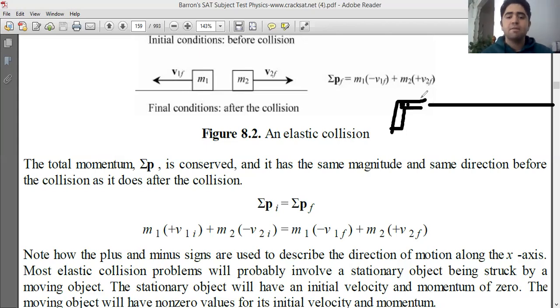Plus the mass of the small bullet times the velocity of the small bullet, 0. Okay, equals the mass of the gun times the final velocity. Well, that is the velocity moving backward.